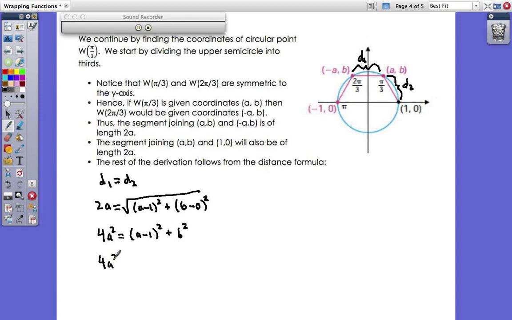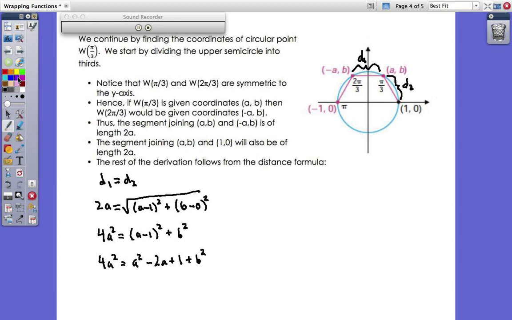4a squared equals a squared minus 2a plus 1 plus b squared. And then here's the step where it's very, very tempting to take that a squared and bring it over there and combine it with the 4a squared. But if you do that, you're going to screw it up and you're never going to figure out where you went wrong.